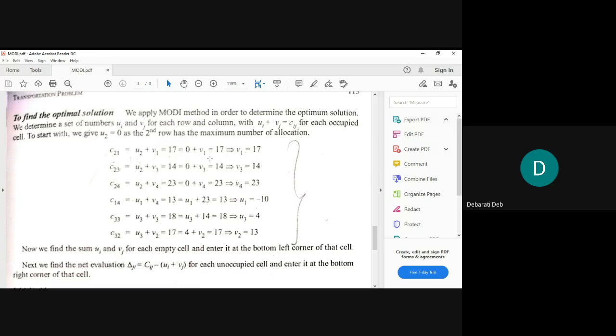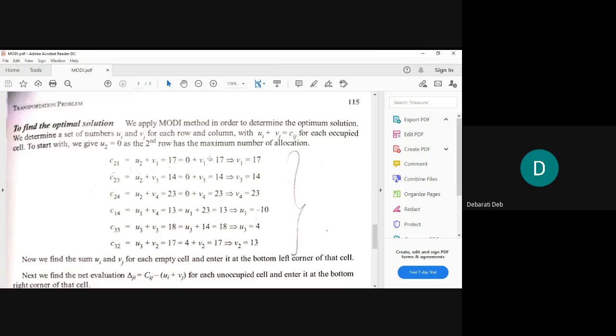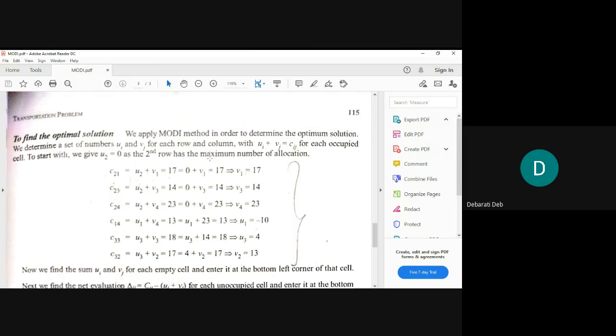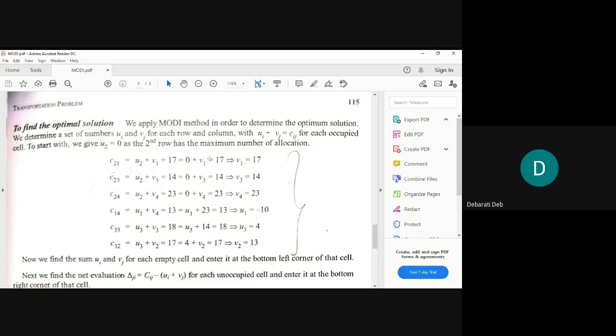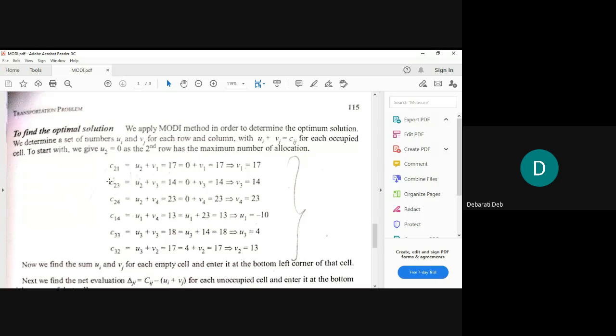Okay, next we will take C23. Again we will start with the second row because we know that the second row's value is going to be 0. So if we utilize that 0 assumption, we can easily calculate the value of the other column numbers.